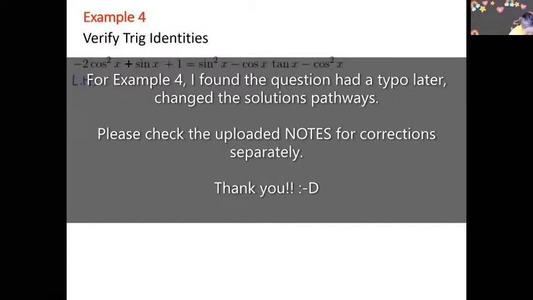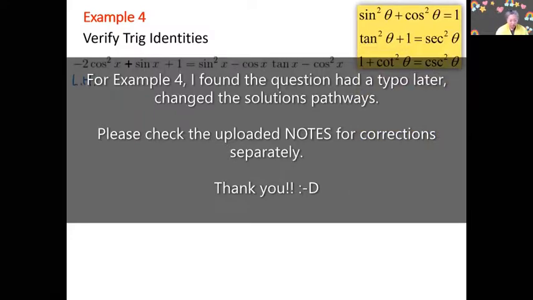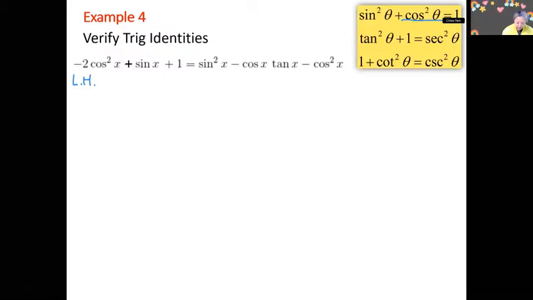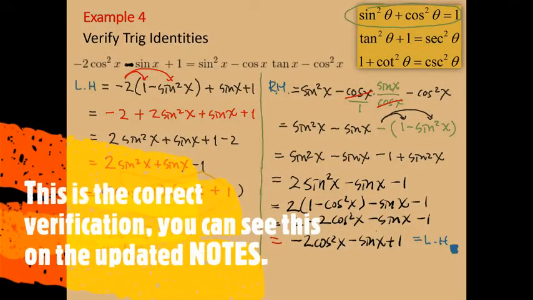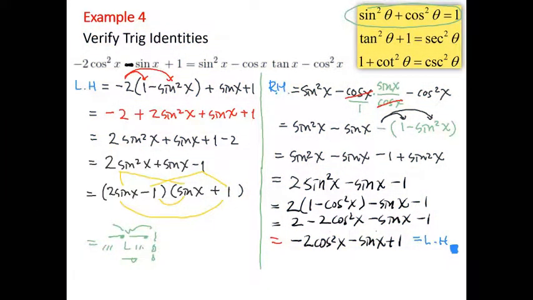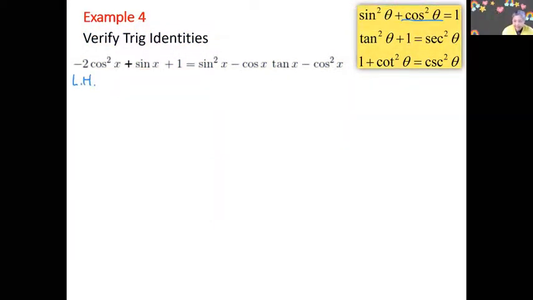So cosine square theta is 1 minus sine square. Then this is negative 2 times it, so negative 2 times 1 minus sine square x, and then I copy sine x plus 1 there.